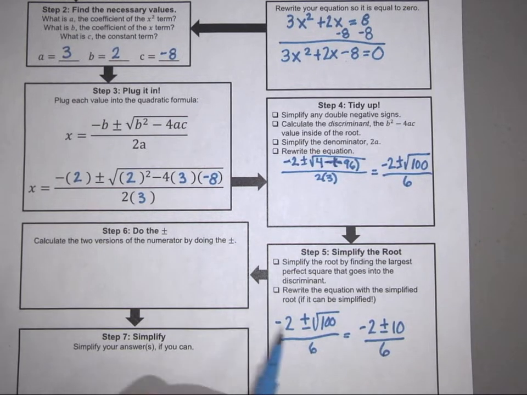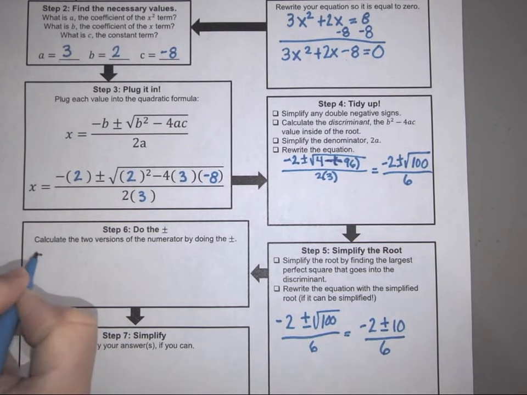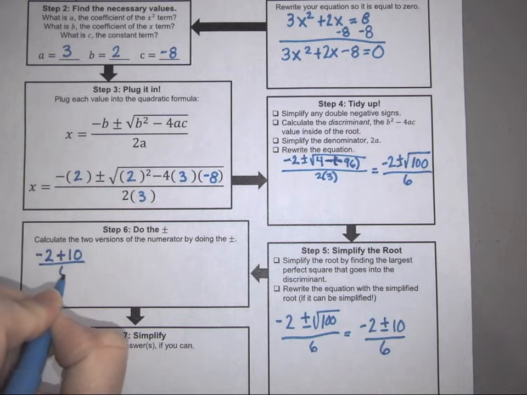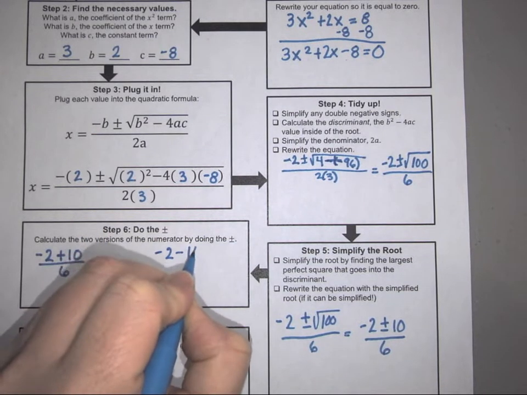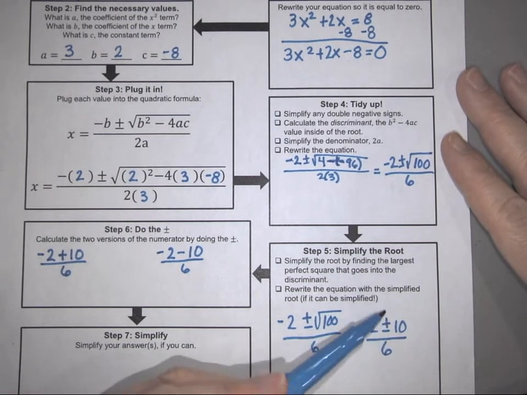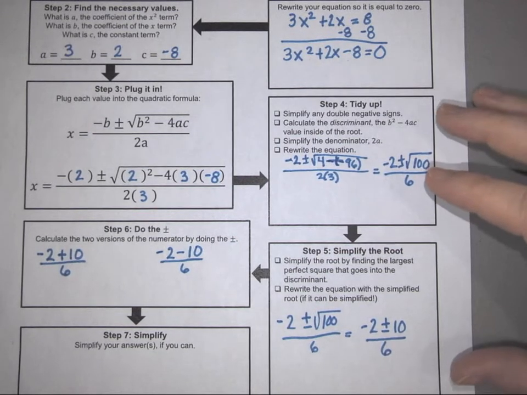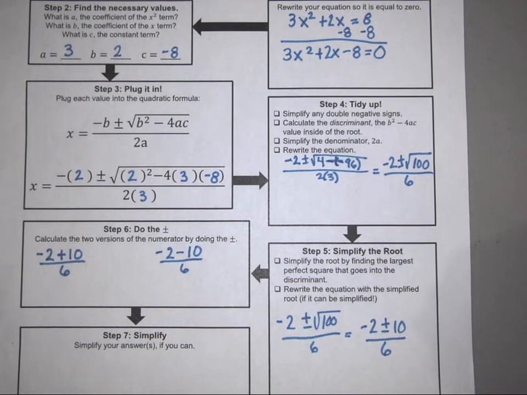All right, now we're going to take this and we're going to split it into two versions. The first one, negative 2, will be plus 10 divided by 6. The other version will be negative 2 minus 10 divided by 6. The reason why we end up with a plus and a minus in our equation: if I take a positive 10 and I square it, positive 10 times positive 10 equals 100.